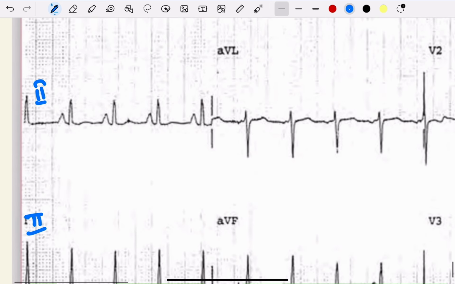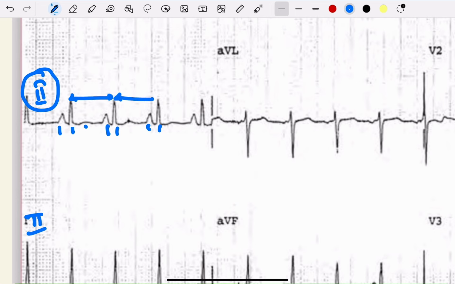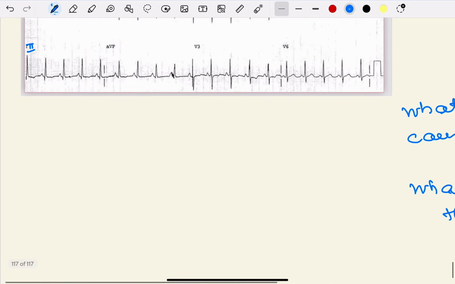For that you have to see lead 2: P wave, QRS, P wave, QRS, P wave, QRS. Every P wave is followed by a QRS, and the RR interval looks regular, RR interval equal to RR interval. All P waves look the same. So rhythm is sinus rhythm.